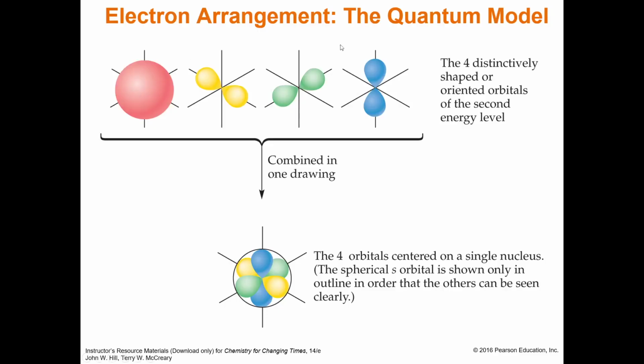These are 3 different P subshells in different directions, X, Y, and Z. And so what you see here is the P subshells can actually have 3 orbitals in them. So it's like a room that can have 3 desks in different directions, in different places. Altogether, they're going to take up most of the space that you would have in something like your second energy level. And so they take up pretty much all this space, and you can see they all have distinct areas that the electrons will be able to occupy.